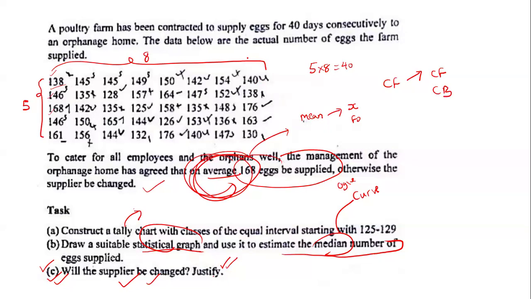Okay, very good. So you said the supplier should be changed because the number of eggs supplied is less than the agreed. Even you can put by this number. Yes. But don't put those points.